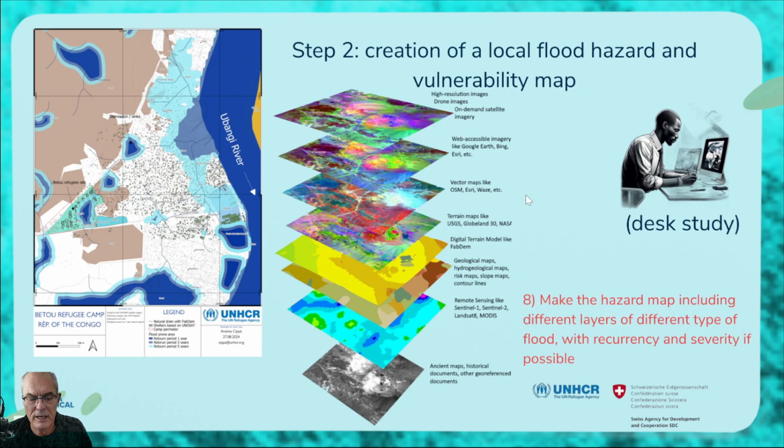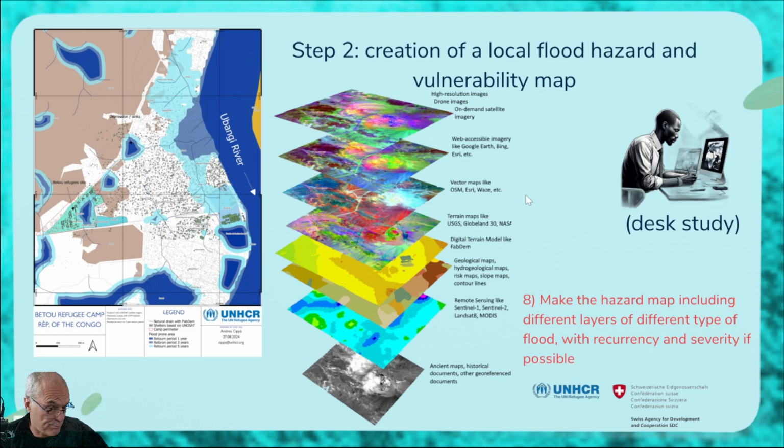Okay, I've spent maybe 2 days browsing the internet, downloading images. I have my base map. I have my flooding, river flooding. I have my pluvial flooding, groundwater flooding, depression, images from the satellite.